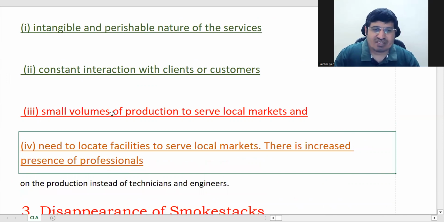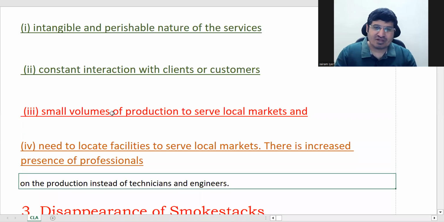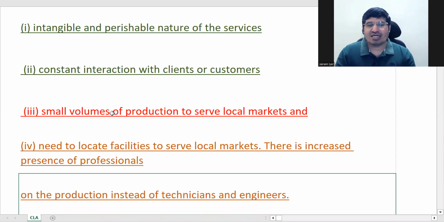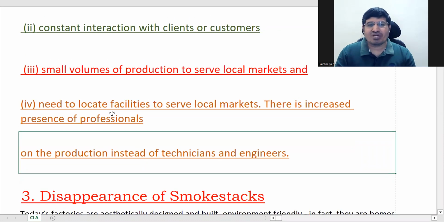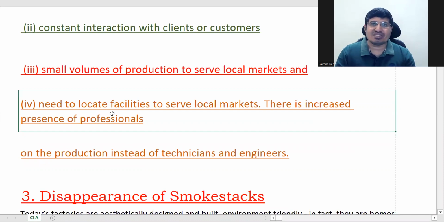Need to locate facilities to serve local markets. So you have to serve local markets, you should find employees at local places. So try to hire locals more. There is an increased presence of professionals in production instead of only technicians and engineers. Earlier, there used to be only engineers and technicians.